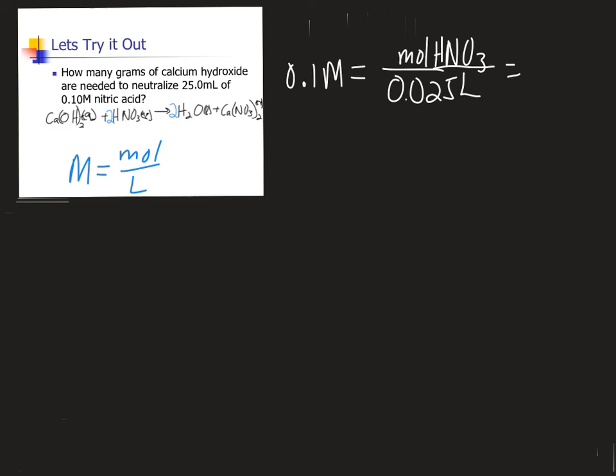And so from there, 0.1 molar is equal to moles over, and again, we need to convert my 25 milliliters into liters, 0.025 liters, to give me a value of 0.0025 moles. So we got even smaller again.